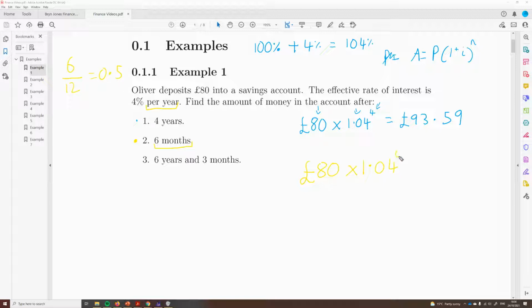And so my index, my exponent, is going to be 0.5. And that is how you work out compound interest when it's less than the actual period of time that we're interested in. In this case, it's half of a year rather than a full year. If I put this into my calculator, I get my answer of £81 and 58p.